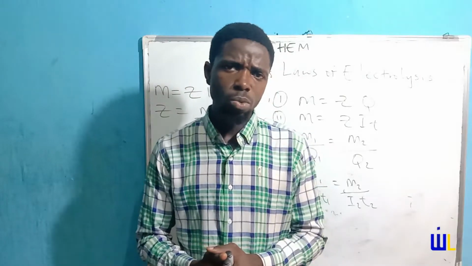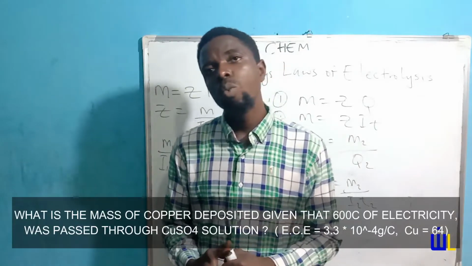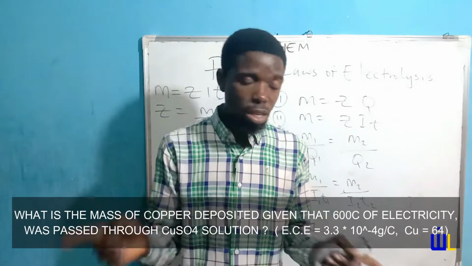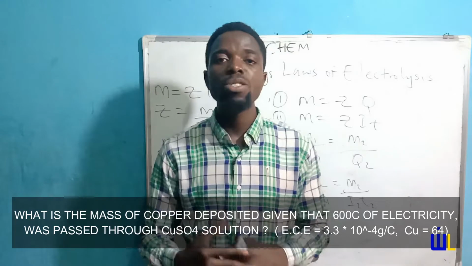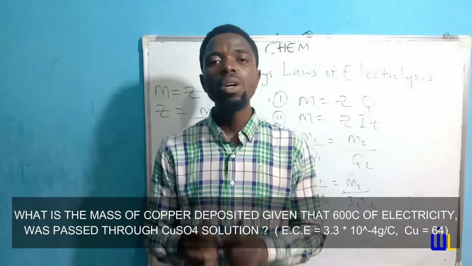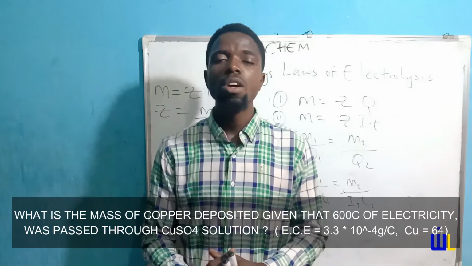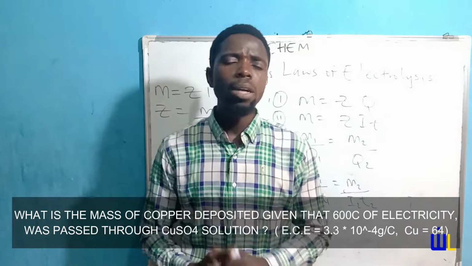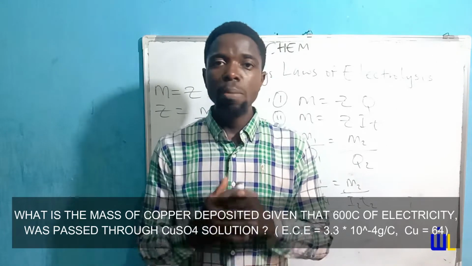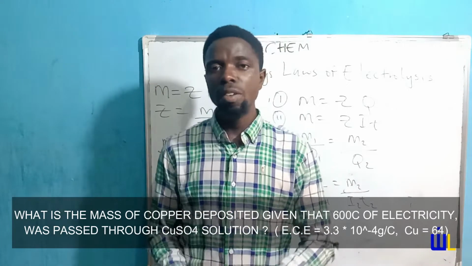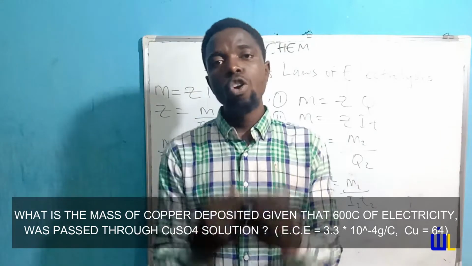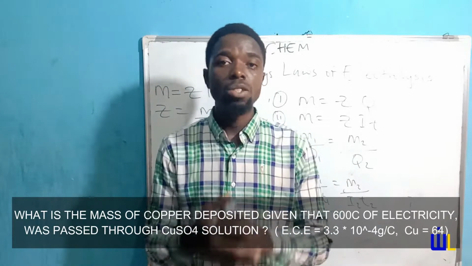We'll check out a question that has to do with that. What is the mass of copper deposited, given that 600 coulombs of electricity was passed through copper 2 sulfate electrolyte solution?